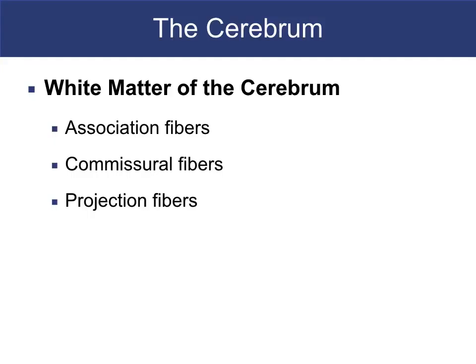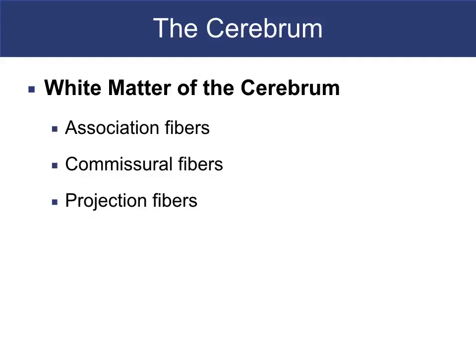There is some white matter in the cerebrum. The cerebrum, like I said to start with, is mostly gray matter, but there are some fibers, and I just want you to know about these. There are association fibers that associate one area of the cerebrum to another. There are commissural fibers that go from side to side, right?